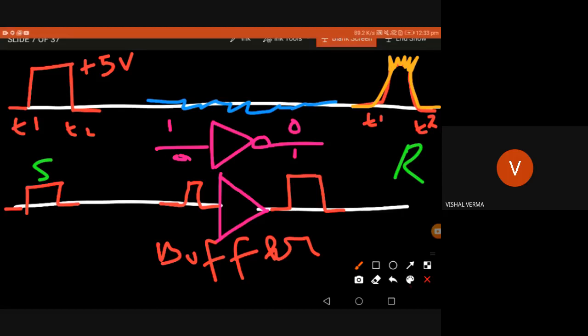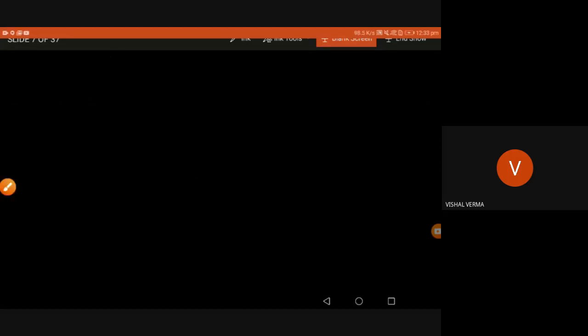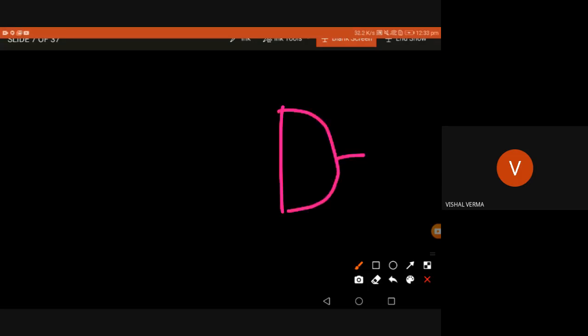For example, I have a circuit like this, with some gate, for example an AND gate. The AND gate has two inputs. One signal is coming from a lot of things and arrives here.